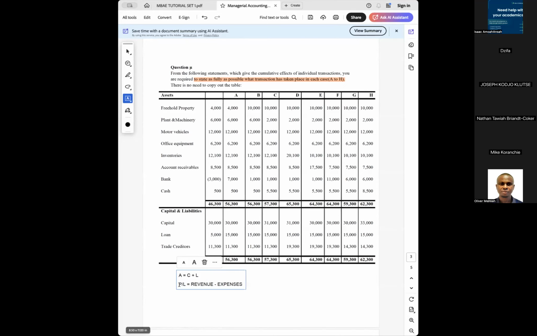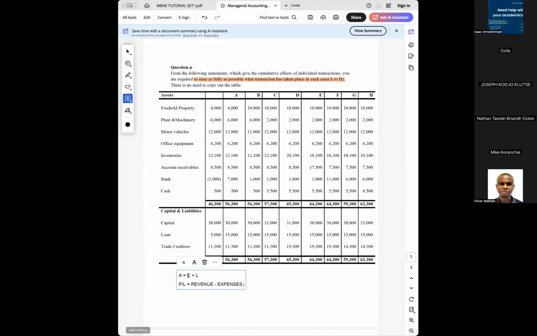If the business is engaging in expenses, then it's likely the profit will decrease. Or in another situation whereby the business is incurring an expense without a corresponding revenue, then it means that the business is attaining a loss, right? If we cannot match an expense with a particular revenue, in that regard, the business may generate a loss, right?